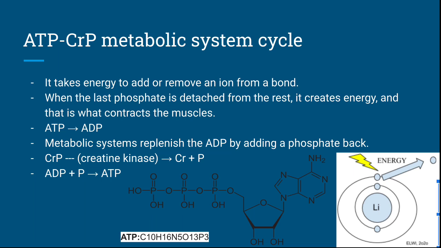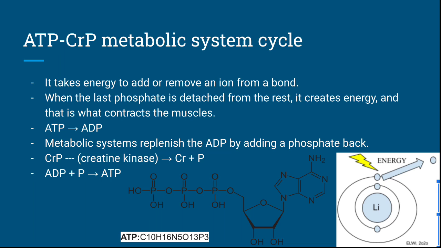This phosphate comes from one of the three energy systems. The first source of phosphate to the muscles is ATP-CRP. Creatine is the substrate in this system. And creatine is made of amino acids, the building blocks of protein. This is a rapid but very limited system, and it is also anaerobic. So let's remember that.